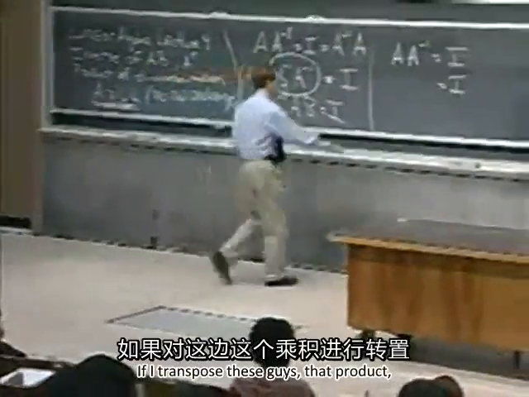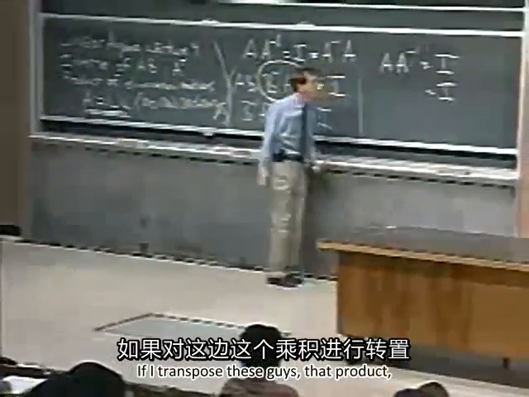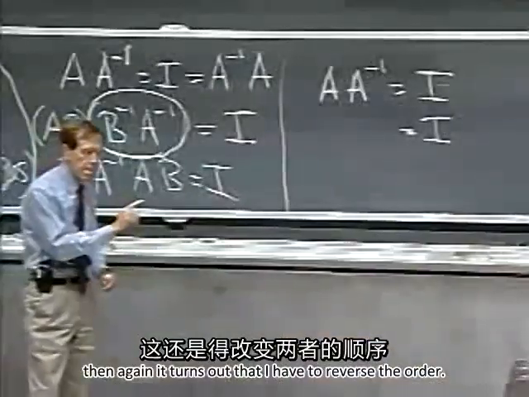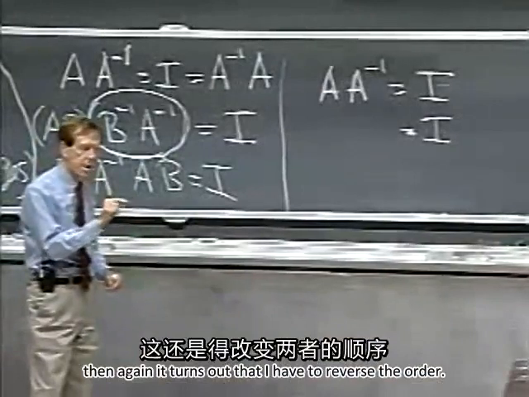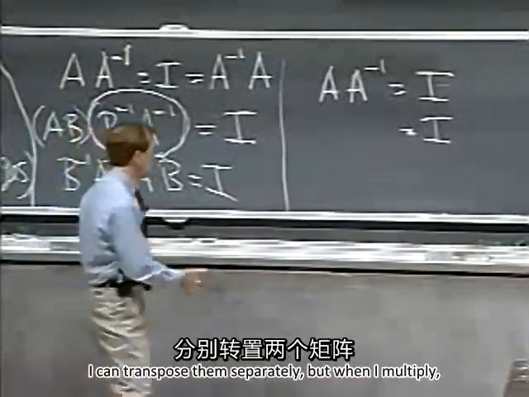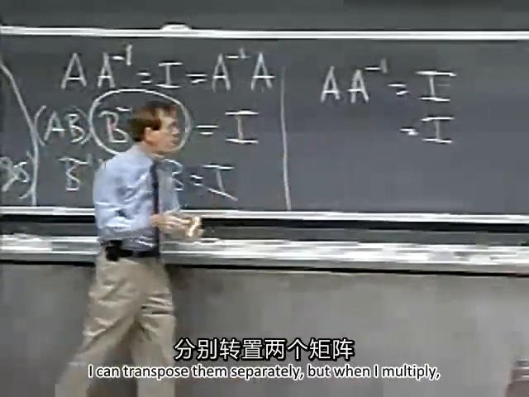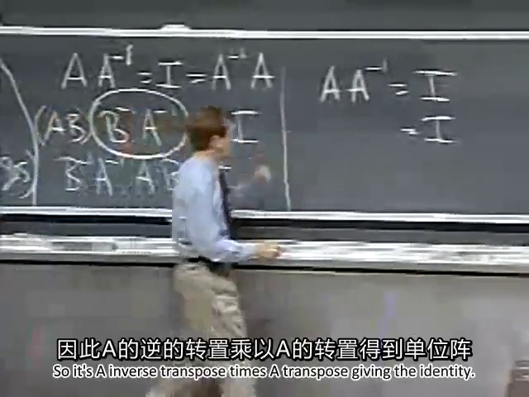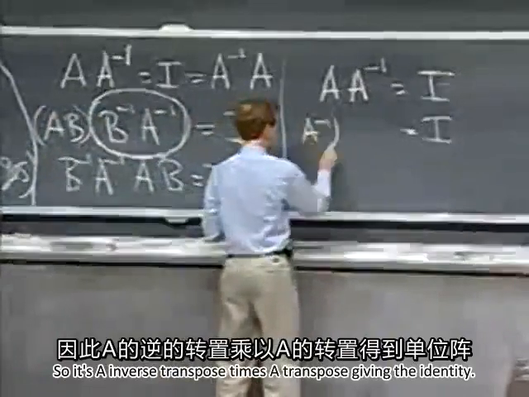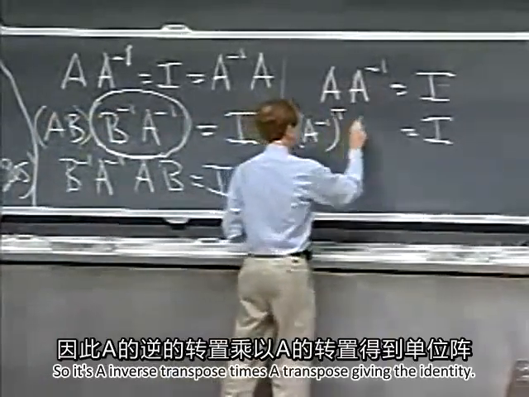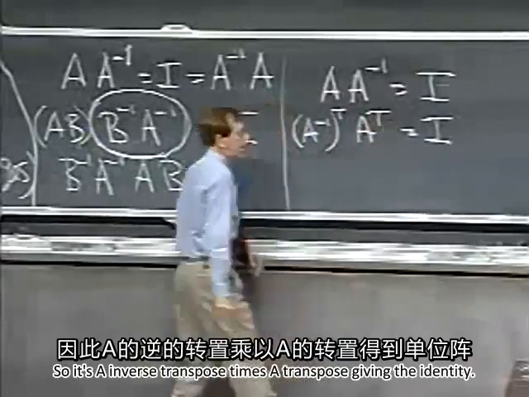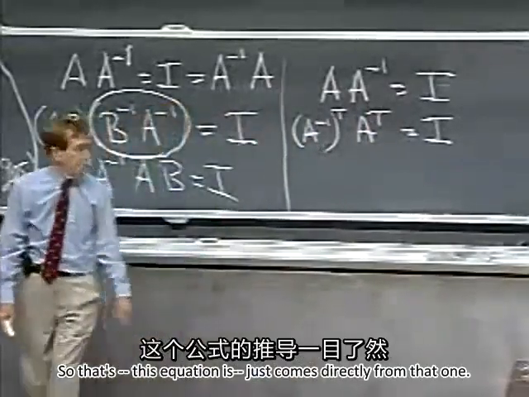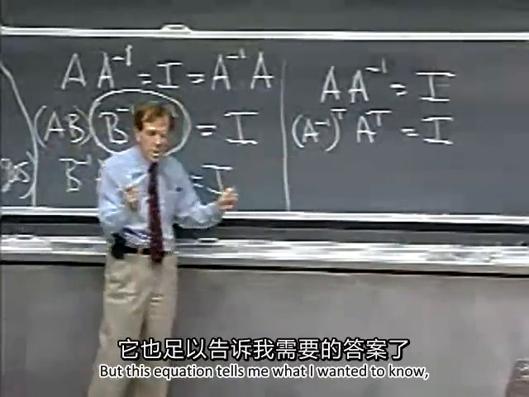If I transpose these guys, that product, then again it turns out that I have to reverse the order. I can transpose them separately, but when I multiply, those transposes come in the opposite order. So it's A inverse transpose times A transpose, giving the identity. So this equation comes directly from that one. But this equation tells me what I wanted to know.